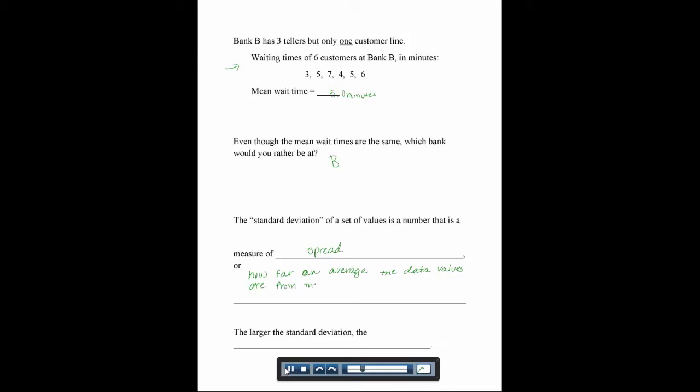So we're talking about, on average, how far are they from the average? So what this means is the larger the standard deviation, the more spread out the data values are.